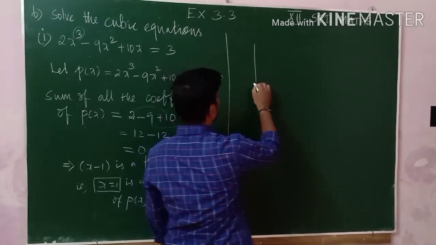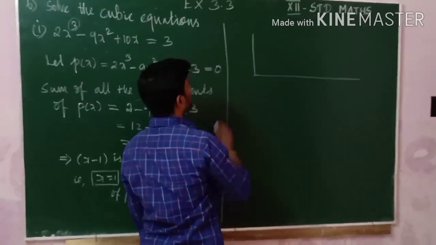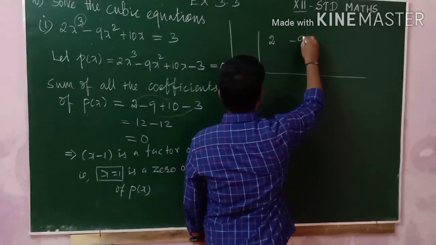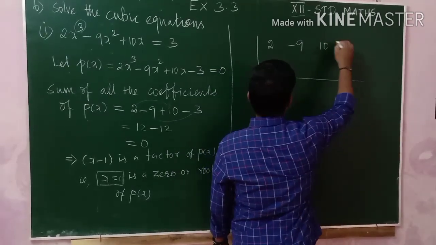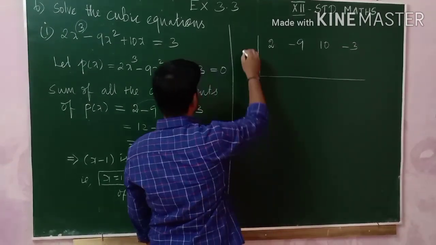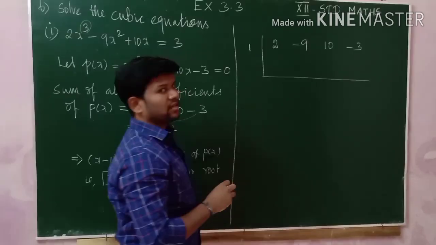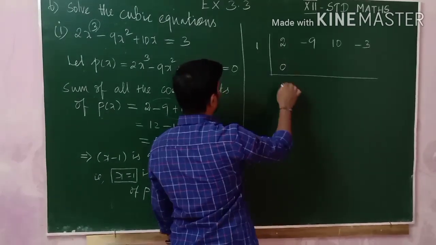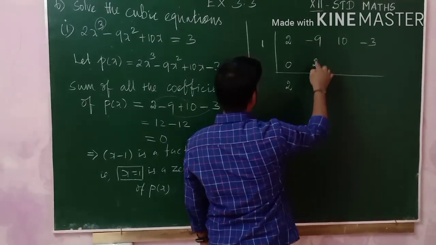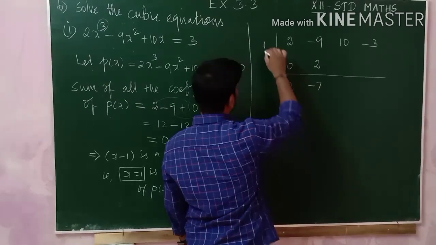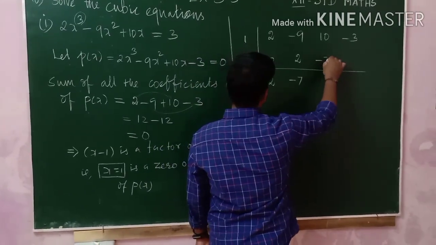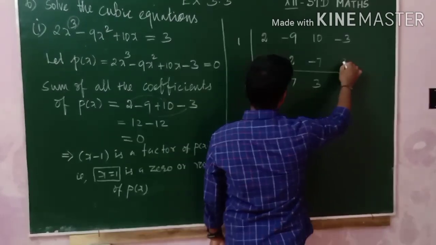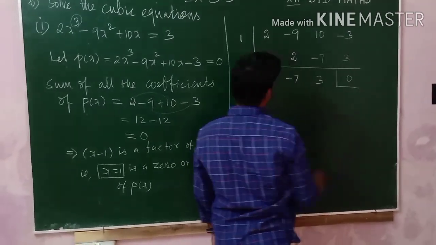In synthetic division, what shall we do? Write the coefficients of p of x in the first row. 2, minus 9, 10 and minus 3. So what is our root? 1. So second row, first entry 0, 2 plus 0, 2, 1 into 2, 2, minus 9 plus 2, minus 7, 1 into minus 7, minus 7, 10 minus 7, 3, 1 into 3, 3, minus 3 plus 3, 0.